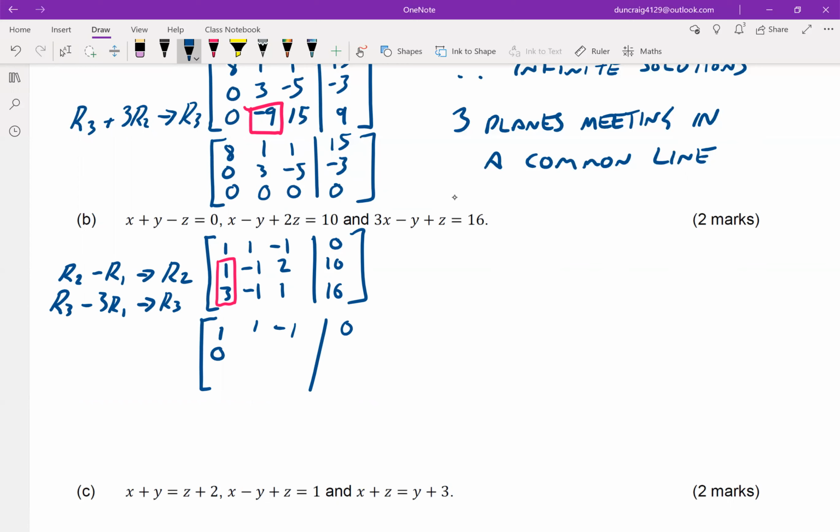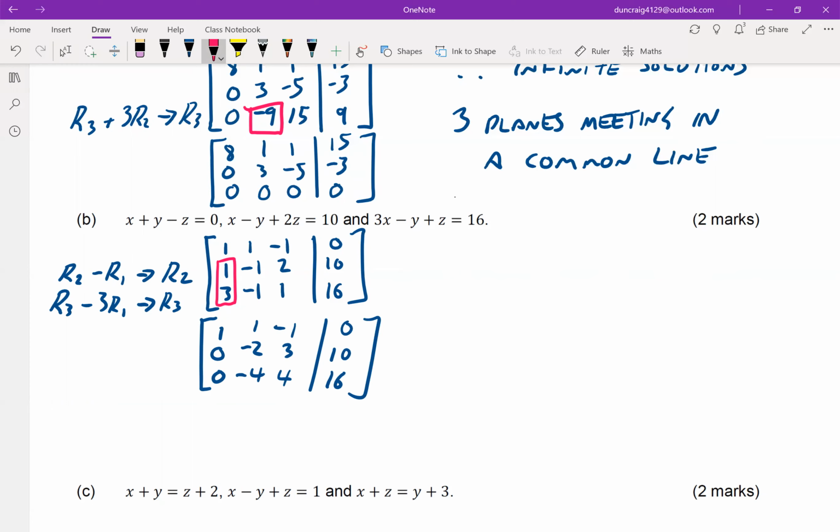We're now going to get 0, -2, 3, and 10. R3 take 3, so that's going to be 0. Take 3 lots of that is going to be -4. Take 3 lots of this is going to be 4, and that's going to be still 16.